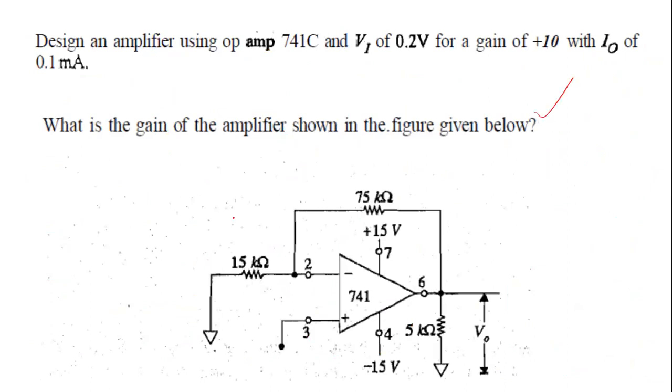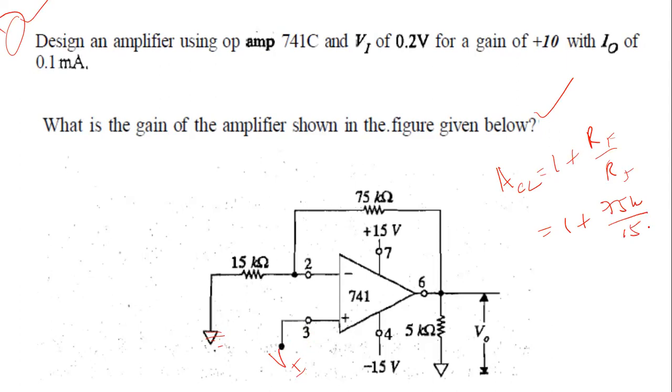Please calculate the gain for the second one. The first one, I'll discuss in the next class. Can you tell me what the gain will be here? The gain of the amplifier in this case will be 1 plus RF upon RI, because the inverting input is grounded and you are supplying the input signal here, so it is non-inverting. So 1 plus 75 kilo ohm upon 15 kilo ohm.